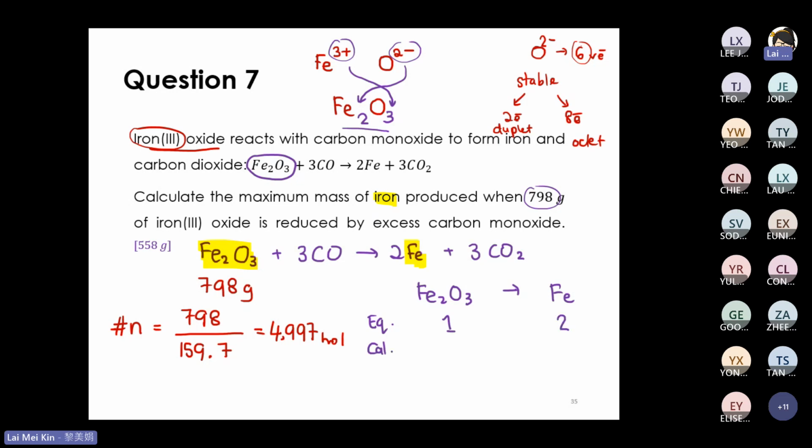According to your calculation, how many mole of iron(III) oxide do you have? 4.997 mole. This is a ratio of 1 to 2. If 1 mole is equivalent to 4.997, what does 2 moles mean? 2 times 4.997.